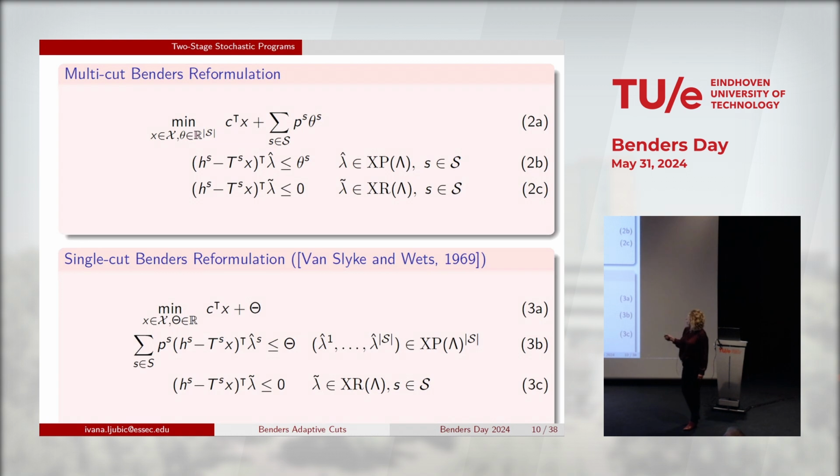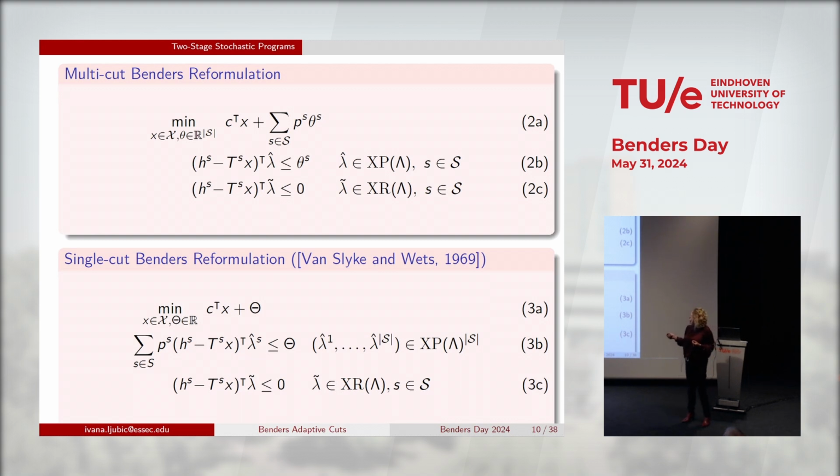If we do that, we introduce auxiliary variables theta_s in the objective function that are going to replace the value of the linear program for the scenario S. Okay? And then these values will be bounded by representing Benders cuts as extreme points, and these are, let's say, XP stands for all extreme points of the dual polyhedron lambda, and XR stands for all extreme rays of the dual polyhedron lambda.